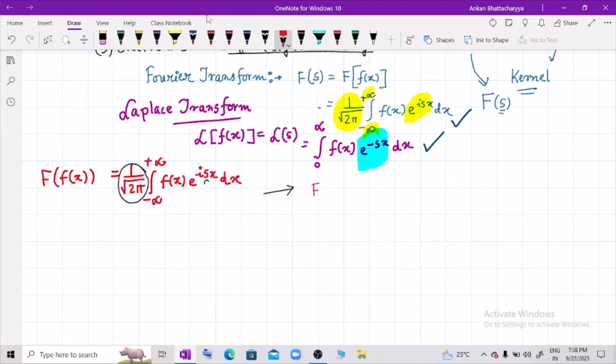In this case you have to apply the inverse Fourier transformation, that is the Fourier transformation of F(s), which is nothing but the inverse Fourier transform small f(x), which is also equal to 1 by root 2 pi minus infinity to infinity F(s) e to the power minus isx ds. See, here the variable changes to ds.